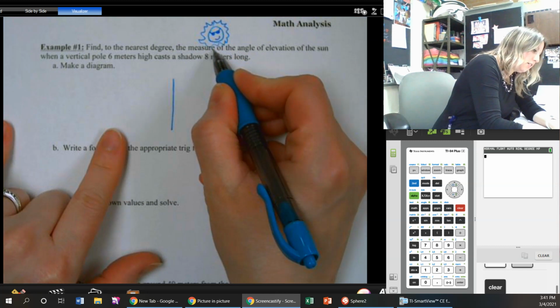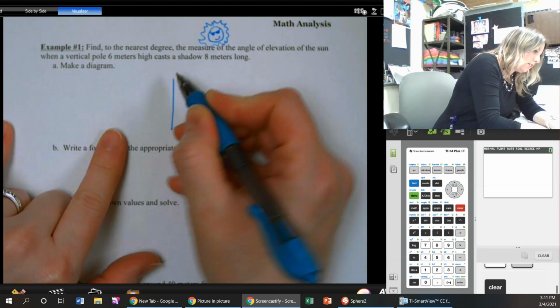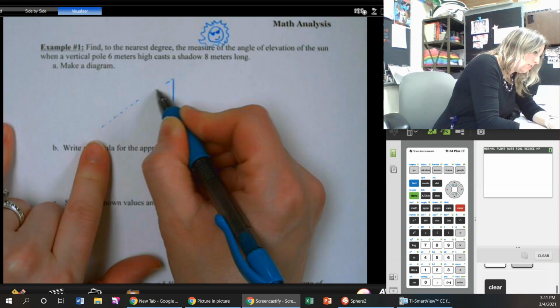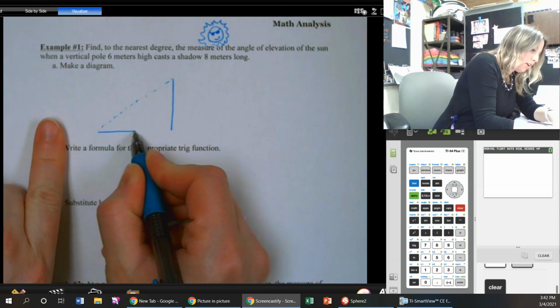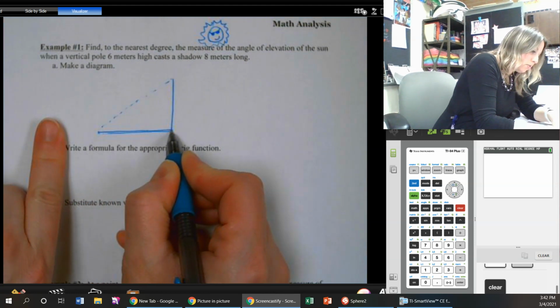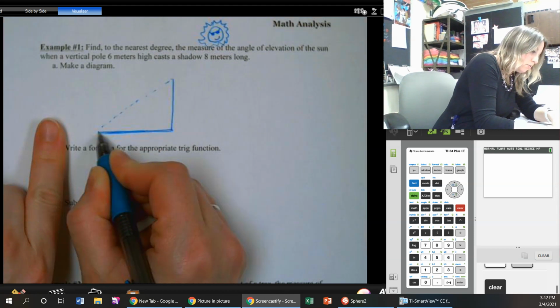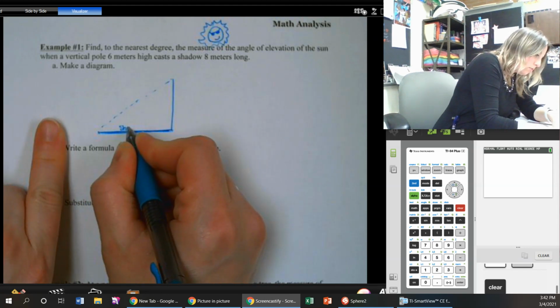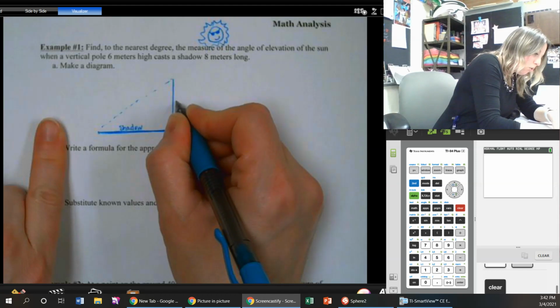He is casting his rays and creating this shadow of the pole. So here's the shadow of the pole. There it is. Shadow, pole.